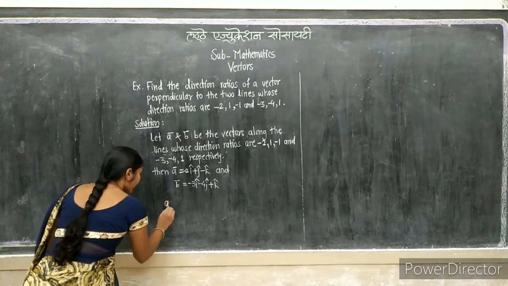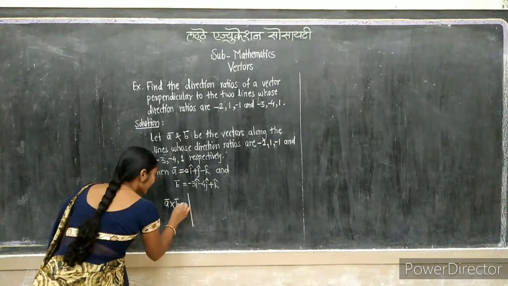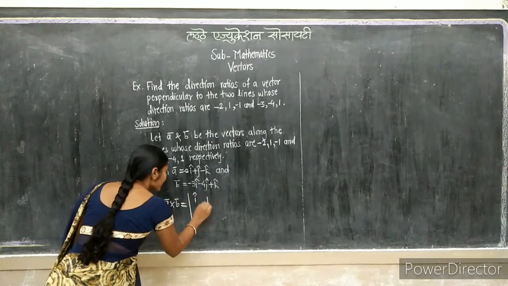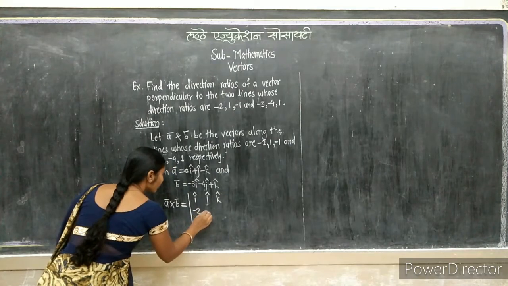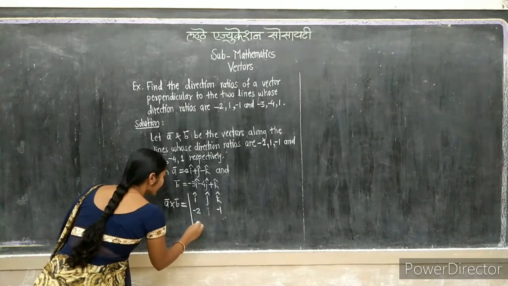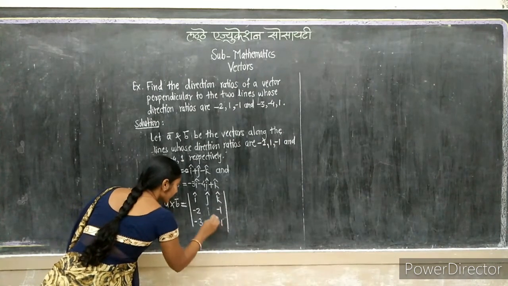Cross product: a bar cross b bar is equal to the determinant with rows i cap, j cap, k cap; minus 2, 1, minus 1; minus 3, minus 4, 1.